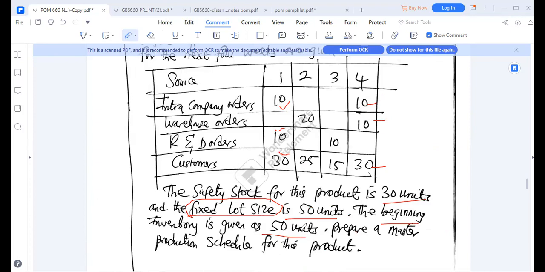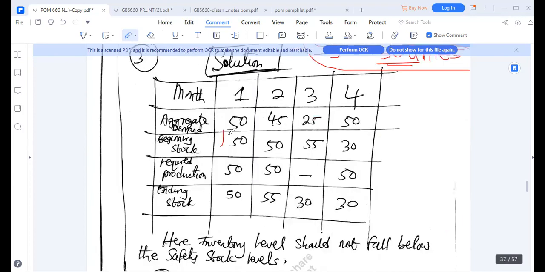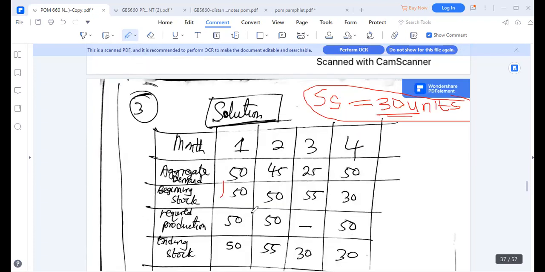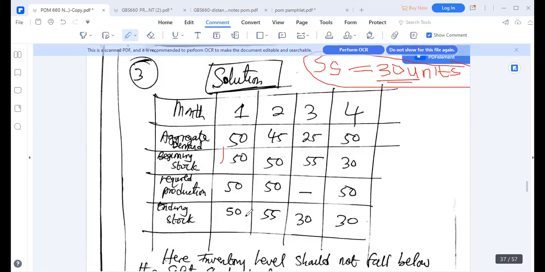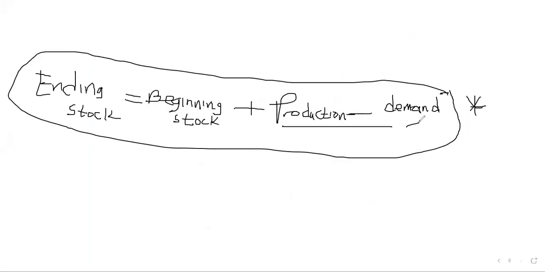All right, then. So we now get down to this solution. You have 50 to meet the demand of 50. Yes, we can, but we are going to remain with 0, which is not good enough. So we need a required production lot of 50. According to the formula that I've given, ending stock is equal to beginning plus production minus the demand forecast.